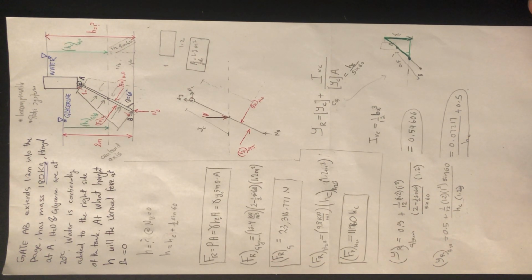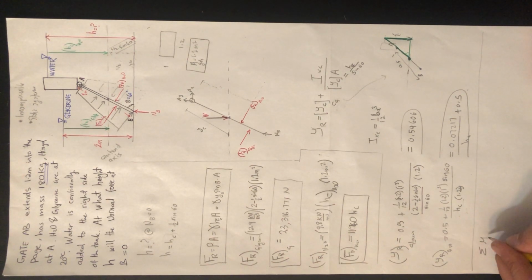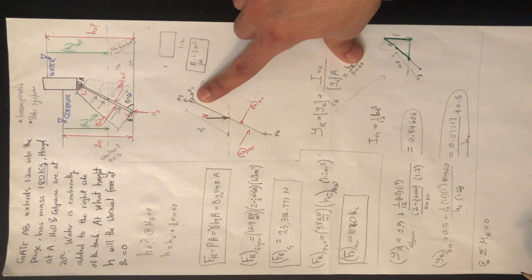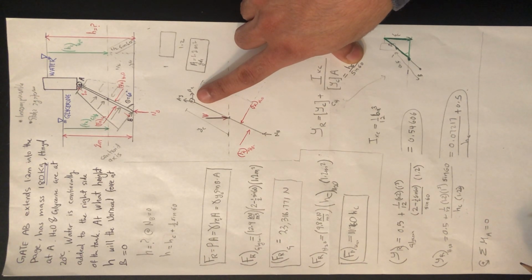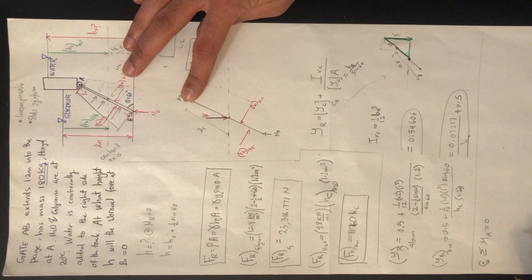And at this step, we are ready to take the moment about a point and solve for our missing distance. So I'll take the moment about point A, so we can neglect the reaction forces at this point.